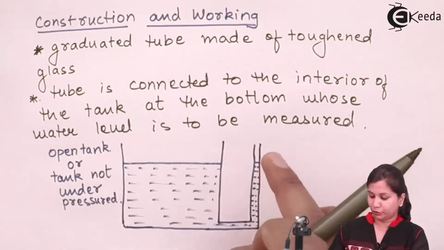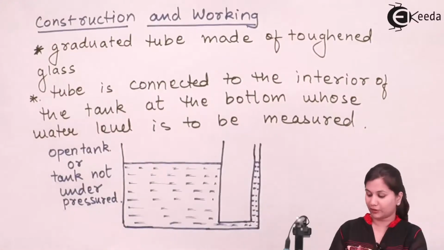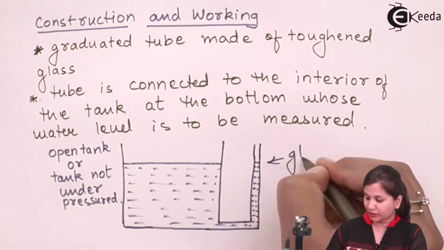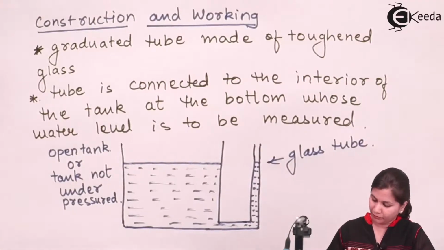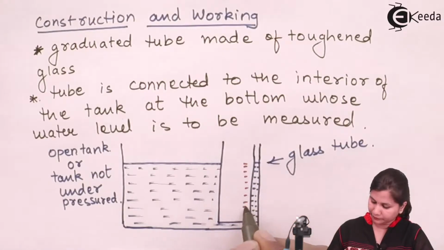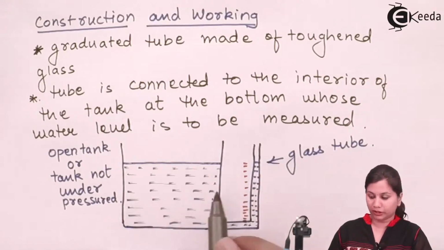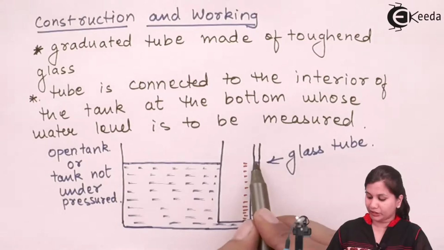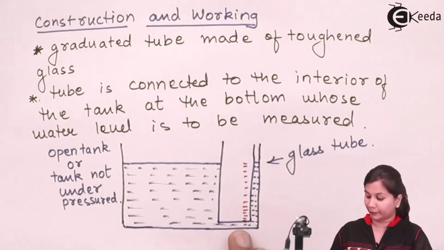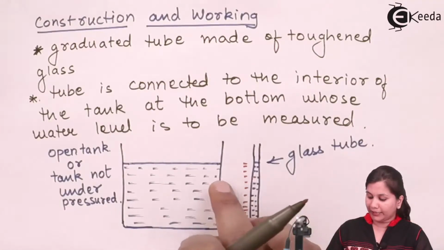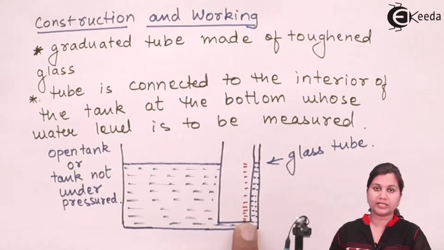Now this is the sight glass tube, called sight because we are looking at this glass tube, and this is the graduated glass tube having markings on it. On this tube we have markings of the level of the liquid. So the observer is going to read the level of the liquid, because the level in the tank and the level in the glass tube is the same. This glass tube is attached at the bottom of the tank. So the observer can directly take the readings of the liquid level by reading this scale on the graduated glass tube.